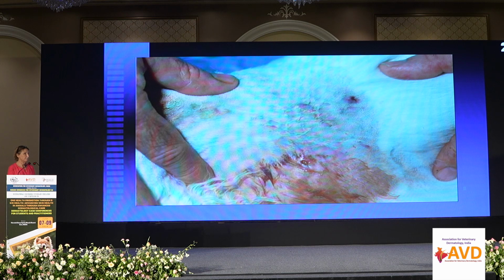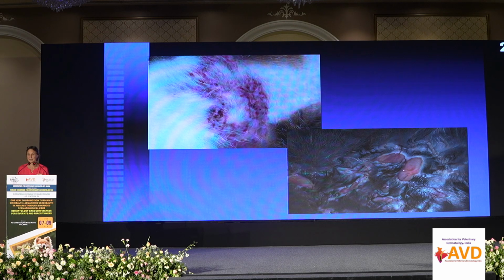It's important that you clip these areas because when you go to take a biopsy, you want to take a biopsy of a new nodule. You don't want to biopsy an area that is already ruptured, that has all the secondary stuff. You want to find something fresh, new, that is not ruptured yet.